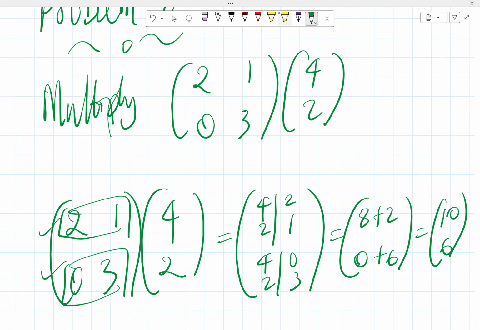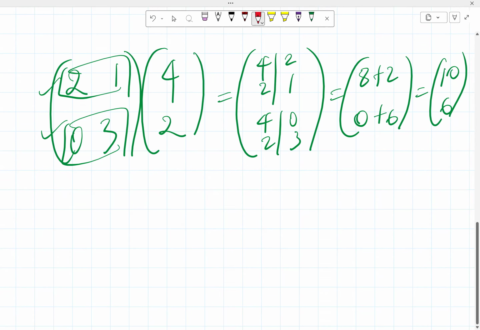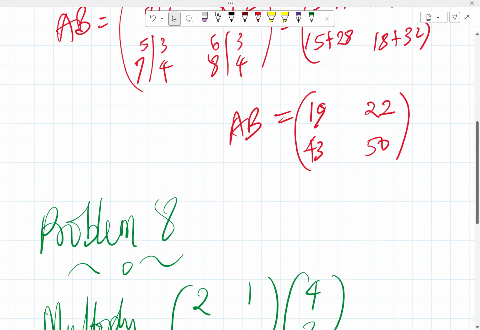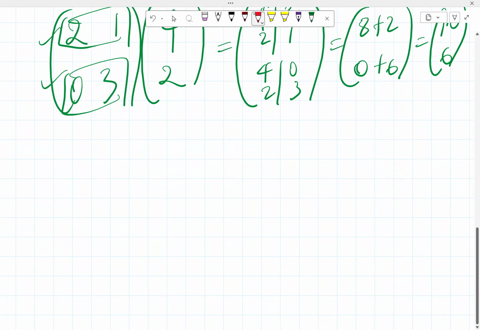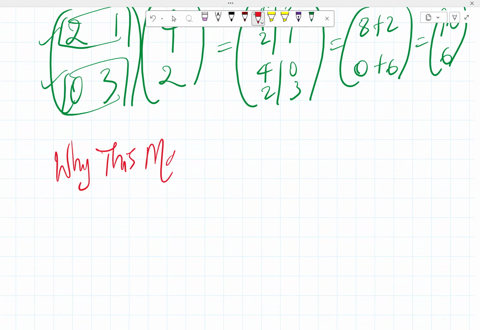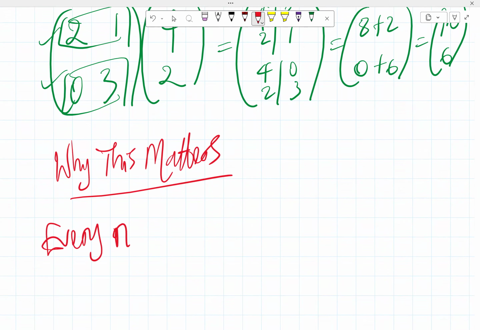So why does this matter though? Why do we have to do this?